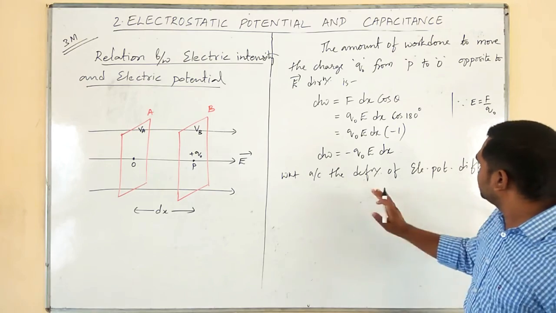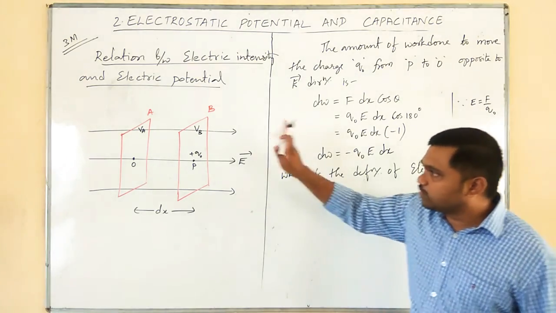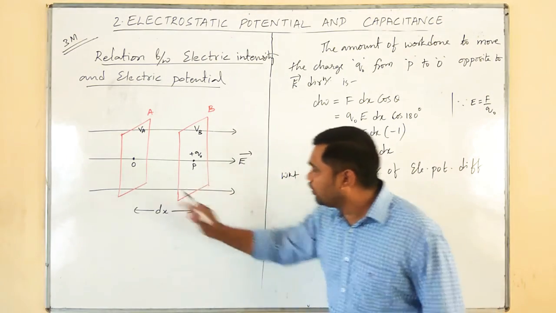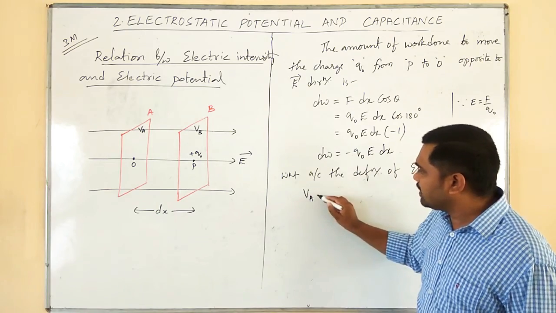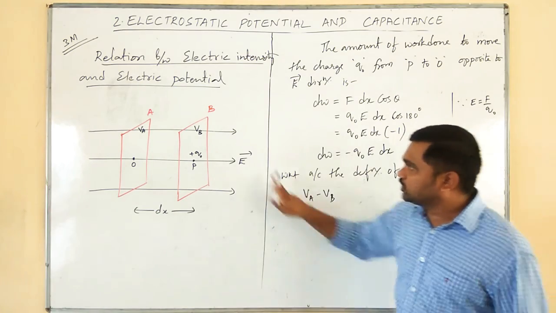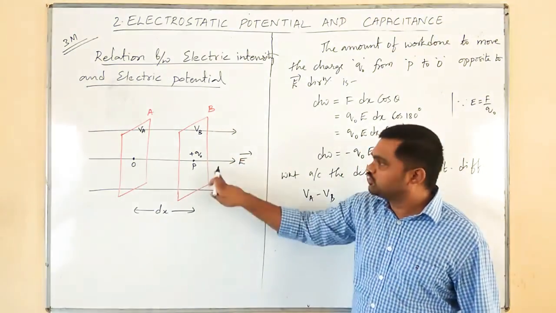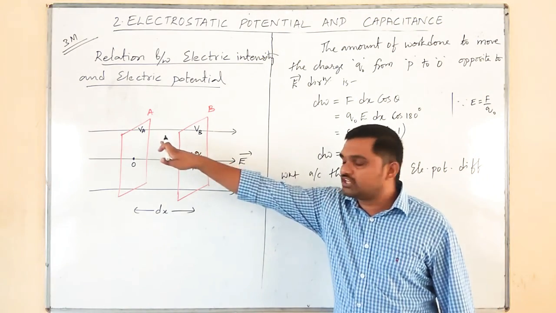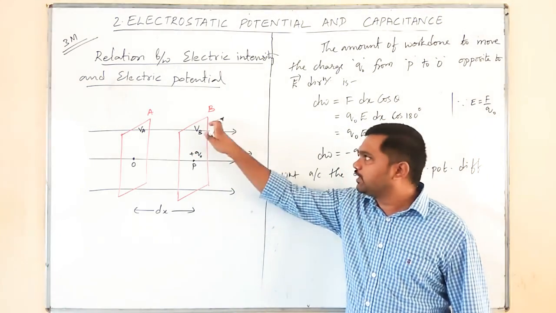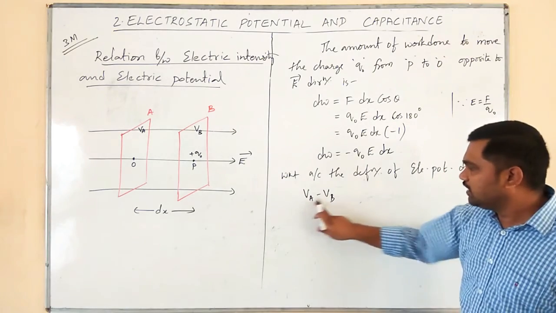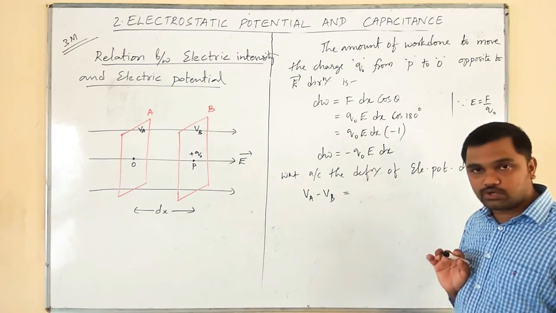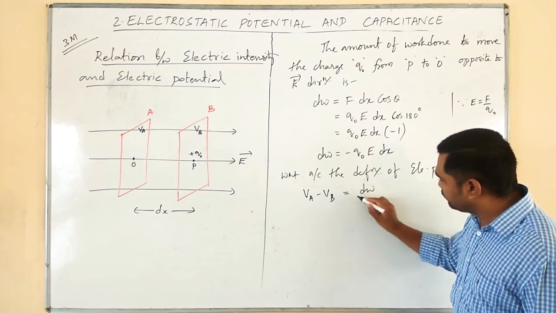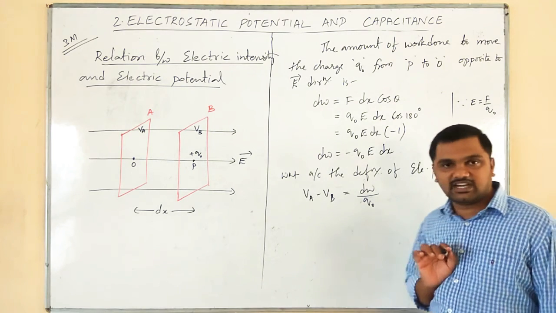Therefore, we are moving that charge from P to O. Therefore, VA minus VB, the potential at A minus potential at B, because the potential at A will be larger compared to potential at B, is equal to the amount of work done to move that charge.